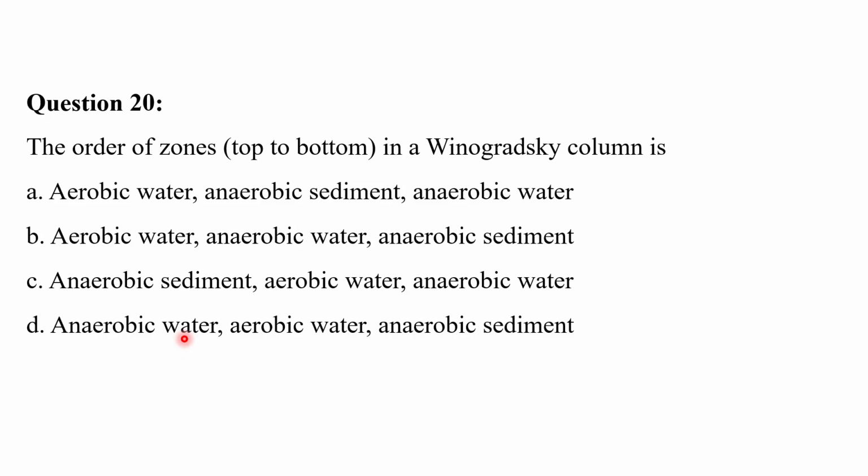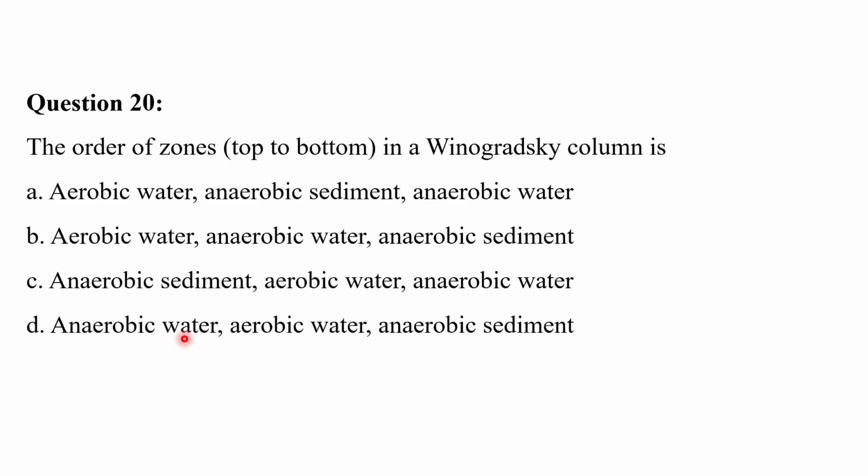Option A is aerobic, then anaerobic, then aerobic water, then anaerobic sediment, and then anaerobic water. Option B is aerobic water, anaerobic water, and then anaerobic sediment. Option C is anaerobic sediment, aerobic water, anaerobic water, and option D is anaerobic water, aerobic sediment, and anaerobic sediment.